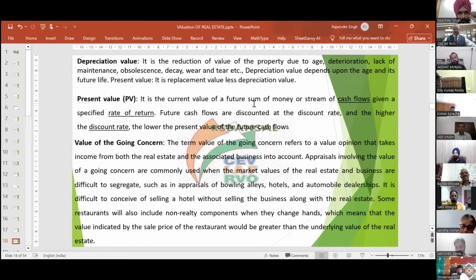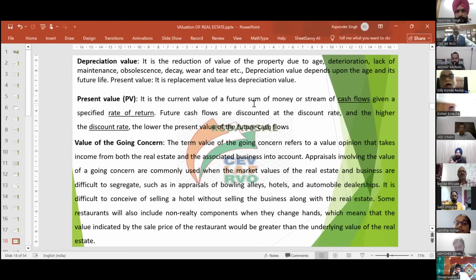Then next is depreciation value. You buy a car for 10 lakh today. After a year, its value will depreciate because of its wear and tear and because of its use. The value will decrease with the passage of time, with the passage of age. As the age increases, the value of the asset decreases.